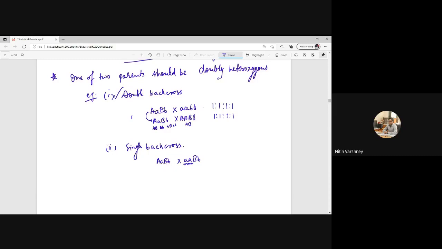So the ratio will be 3:1:3:1. Or another type of this will be AaBb crossed with Aabb. So this is also a single back cross, and the ratio will be the same, 3:1:3:1.